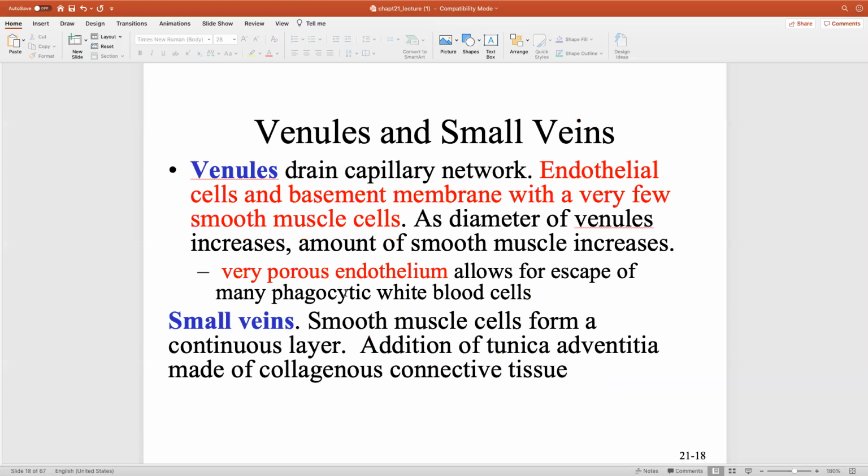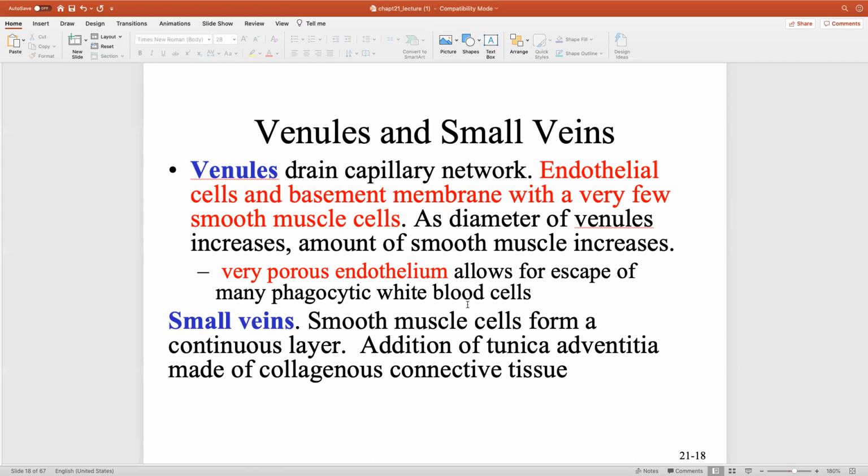Eventually, the capillaries drain into the venules. Venules are made out of endothelial cells with a basement membrane and a slight amount of smooth muscle. As the diameter of the venules increases, the amount of smooth muscle increases. They have very porous endothelium. So when blood pools in the venules, lots and lots of water can leak out and you have edema as a result.